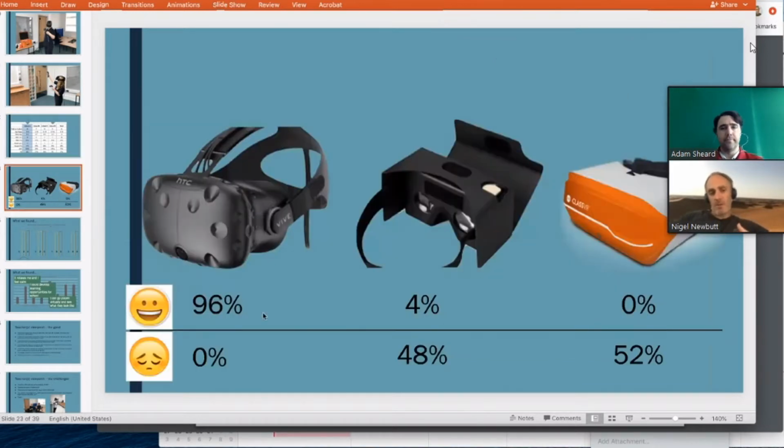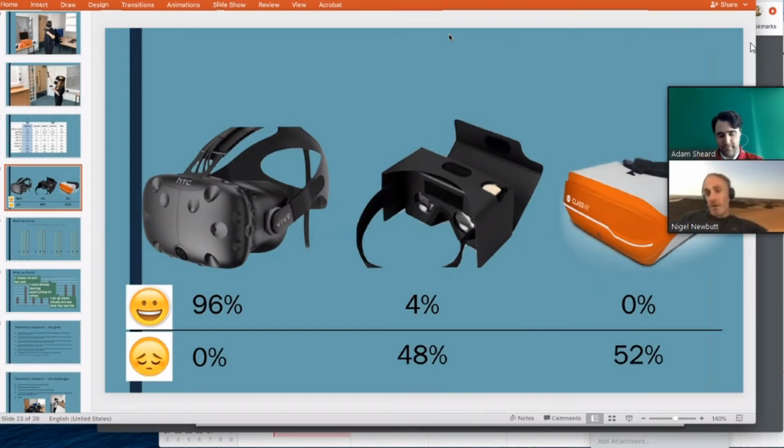Another important finding was that the most immersive technologies, so the HTC Vive, similar to the Oculus before that and the Oculus Quest now, being the most immersive and technologically complex device, was what they found most rewarding as an experience, and something they wanted to use again.